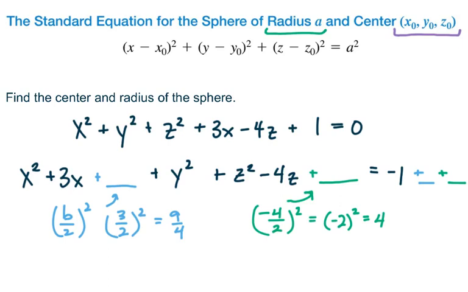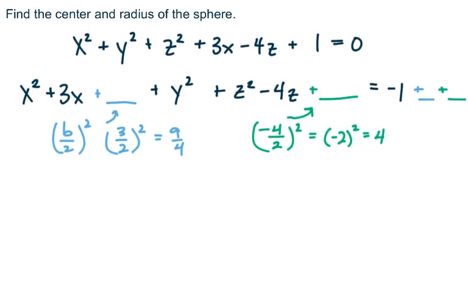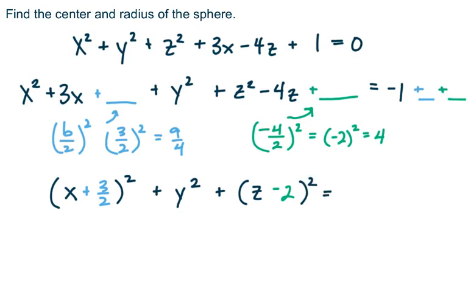So what this looks like as I simplify it, I have x plus 3/2 squared plus y squared plus z minus 2 squared equals -1 plus 9/4 plus 4.